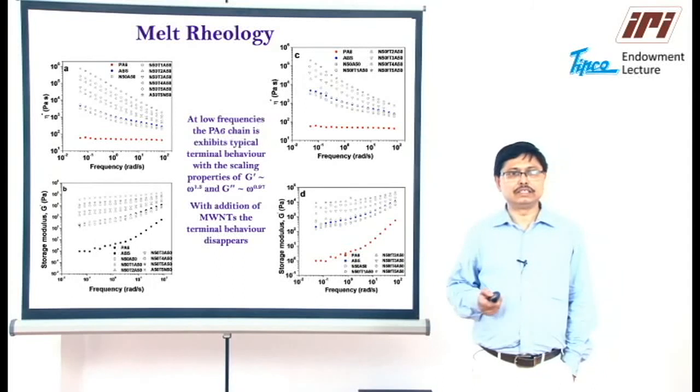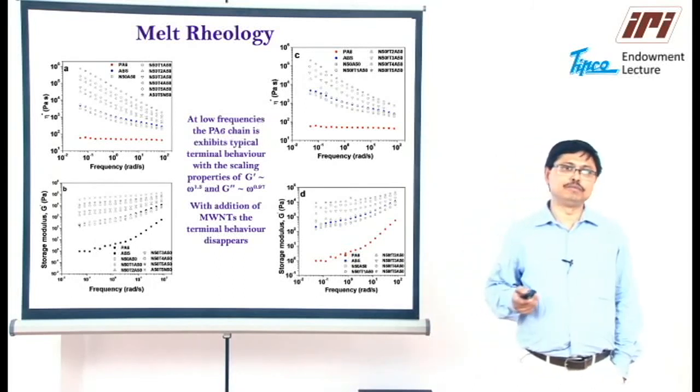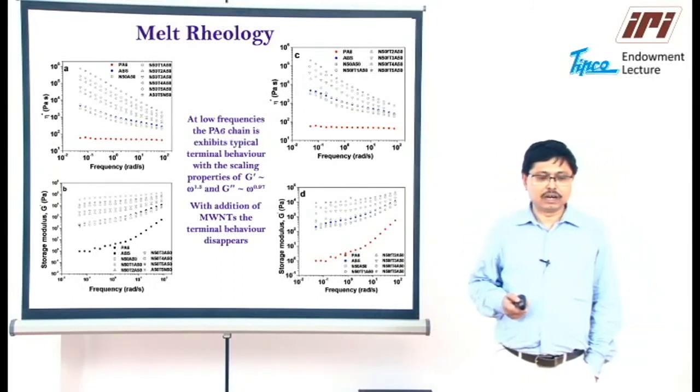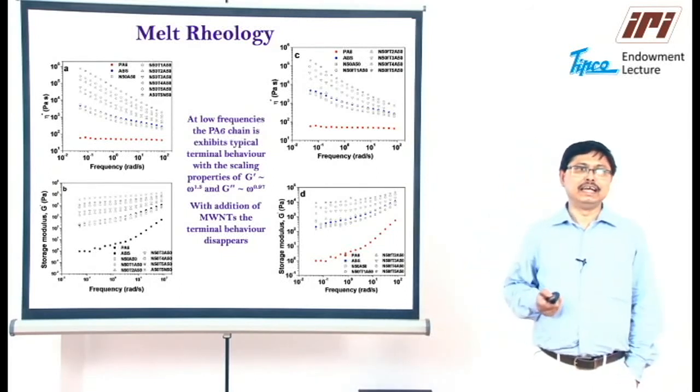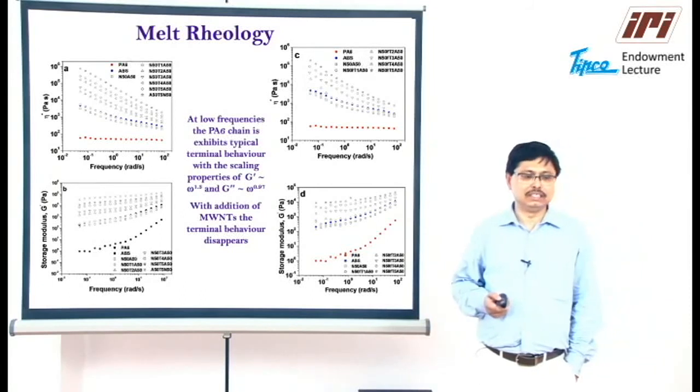G prime is proportional to omega to the power 1.3, and G double prime is proportional to omega to the power 0.97 in the case of pure polyamide 6.